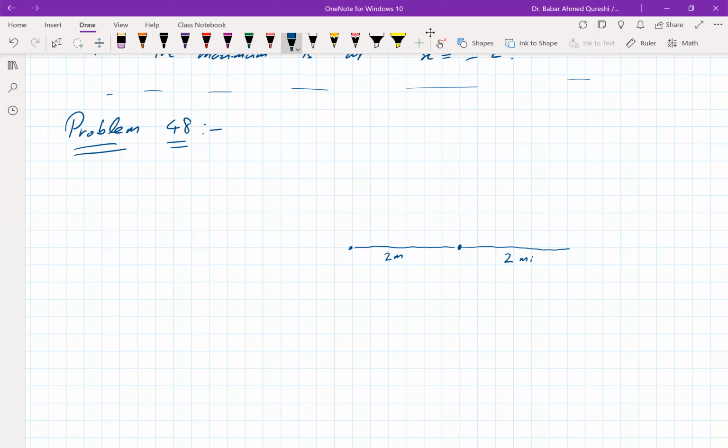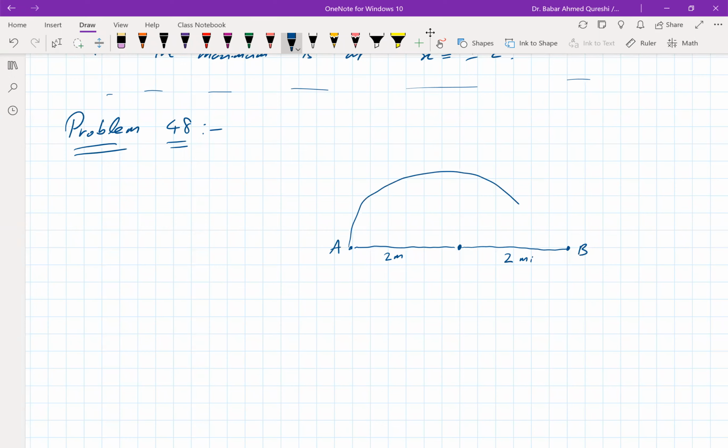And a woman is standing here at point A. She wants to cross the lake. Not only cross the lake, there's some shop here directly opposite to her. She wants to get there.